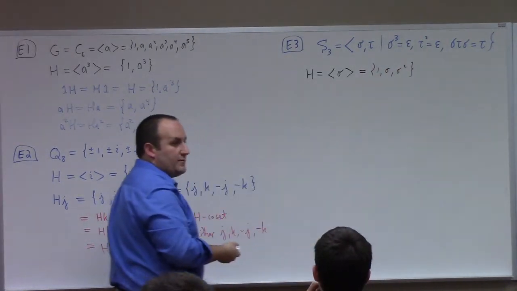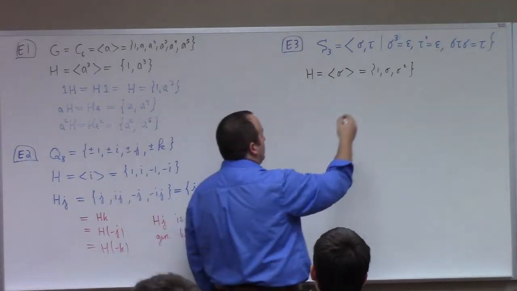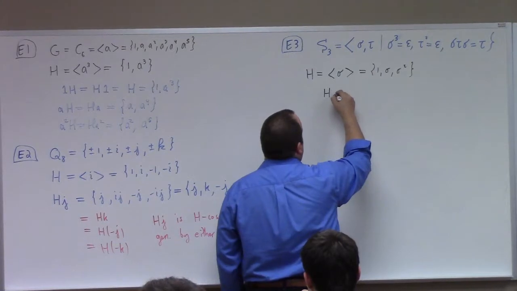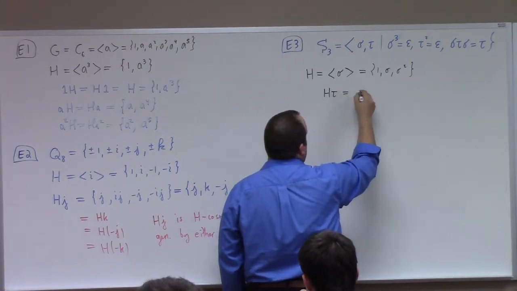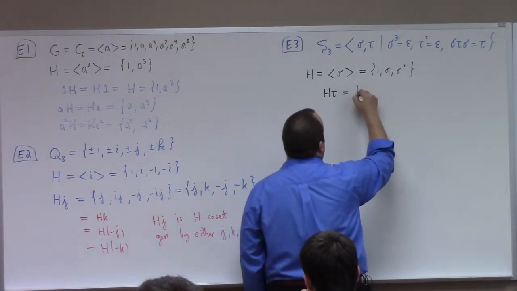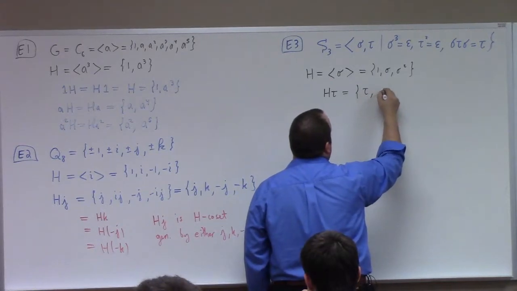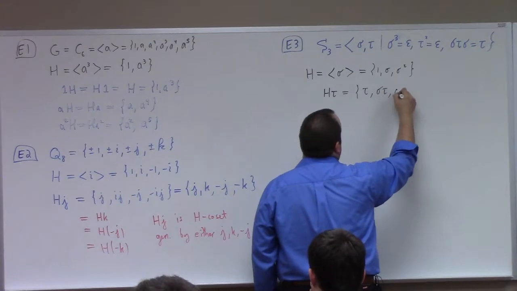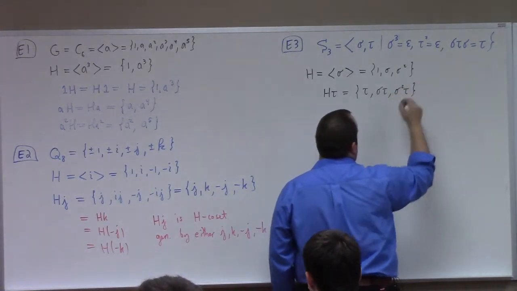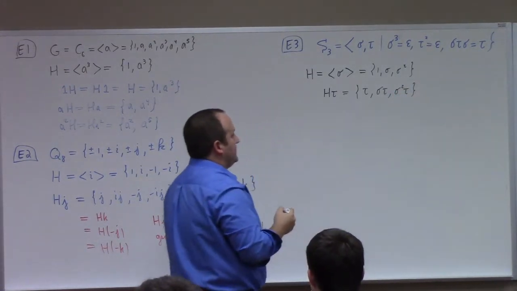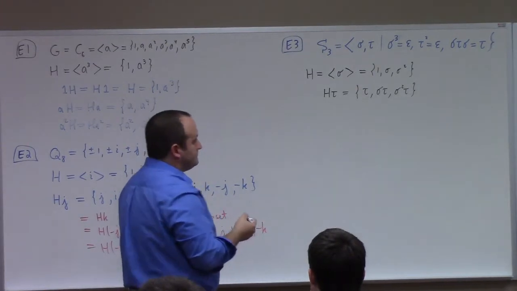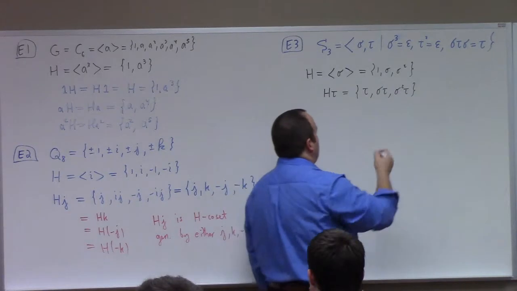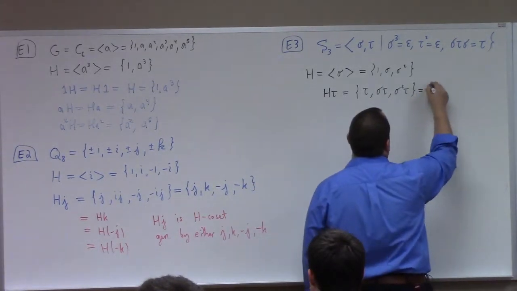What are the right cosets of this one? So let's see here. We can look at H tau, yeah? And what's that going to be? Tau, sigma tau, right? And sigma squared tau. Now, of course, we can also use the generators to rewrite this.